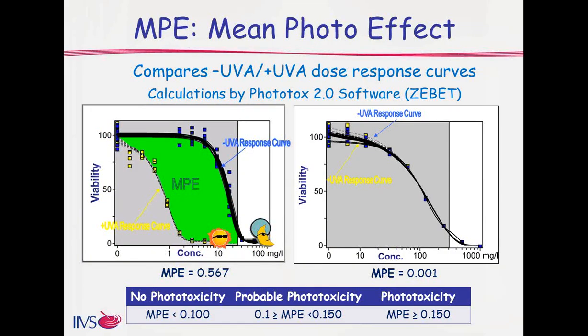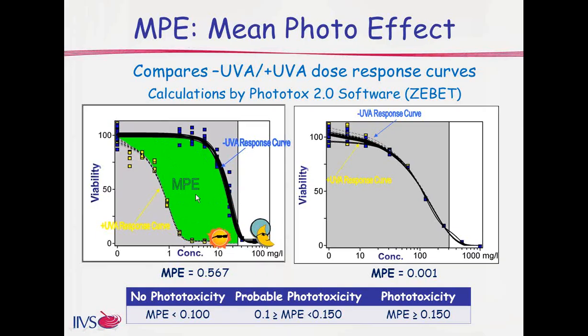Now the MPE is a little bit more challenging as it's going to look at the dose-response curves of the light and the dark plates. Now previously we were looking at individual plate data, and here we're taking both plate data and putting it together on a single graphic. So this represents our UVA response curve, and this would represent our dark response curve.